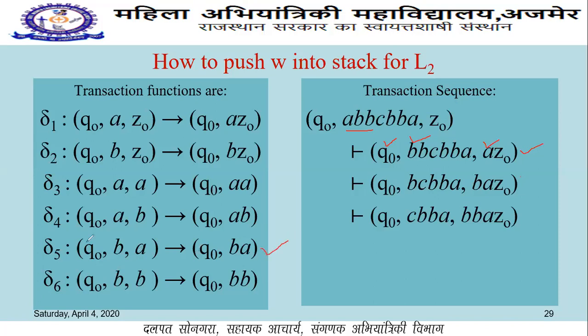That is, whenever the machine is in state Q0 and reads B from the input tape and the top element of the stack is A, then push this B into the stack like this, and the state remains the same because there is no need to remember anything, and B is pushed over the top element of the stack.